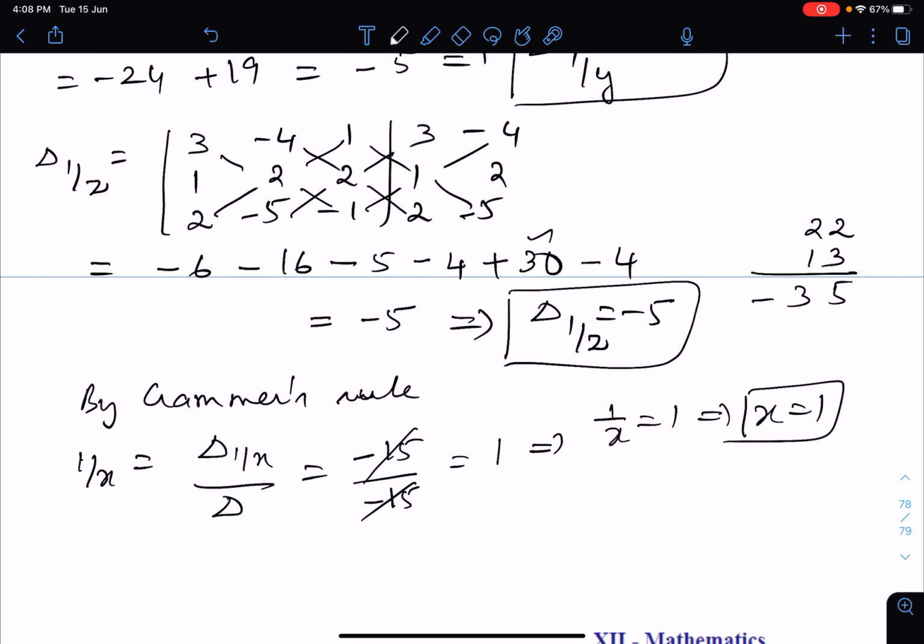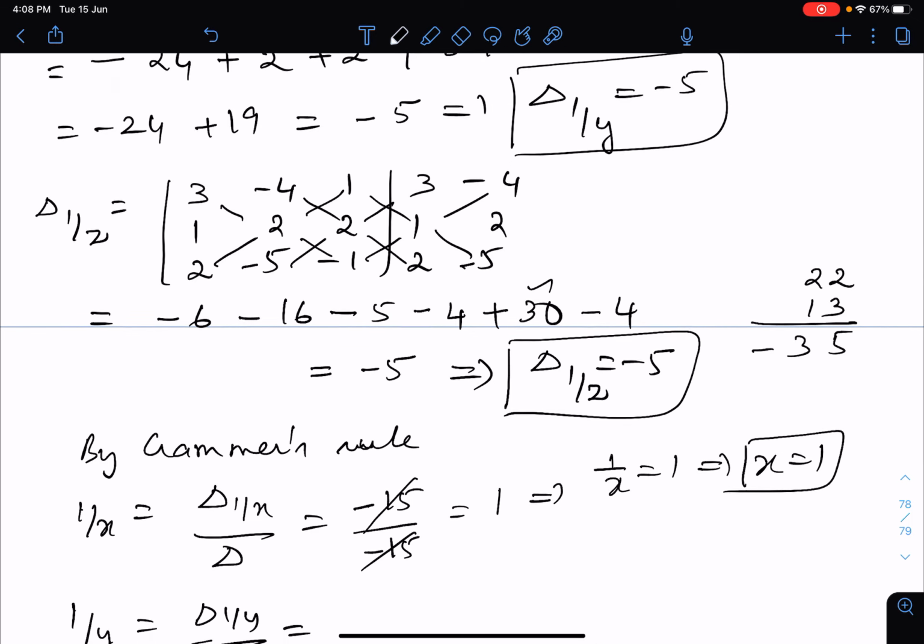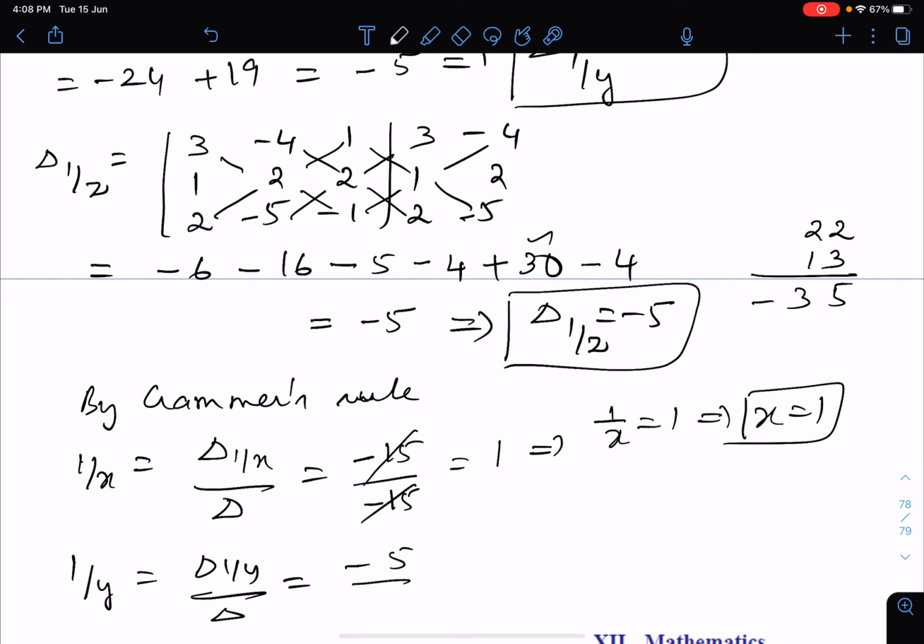Okay, then similarly 1 by y equal to del 1 by y by del, that is equal to minus 5 by minus 15. Cancel, you will get 1 by 3, which implies 1 by y equal to 1 by 3. Therefore our y equal to 3 when you reverse.